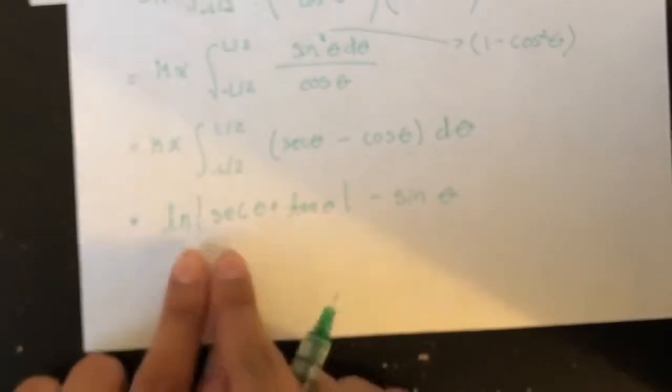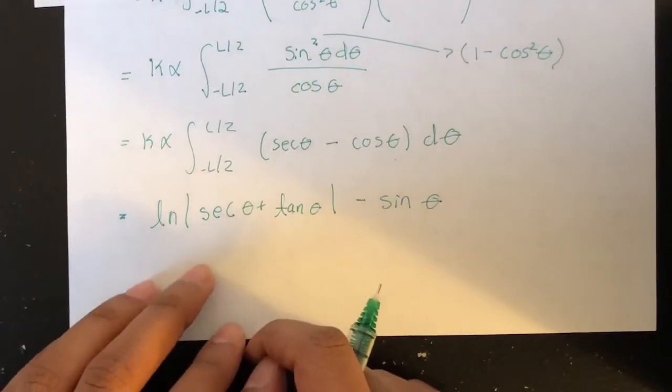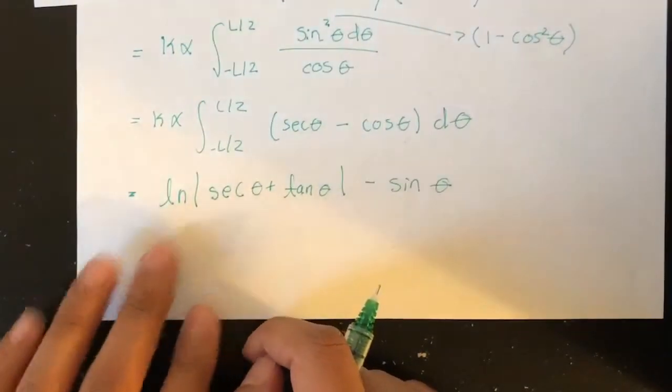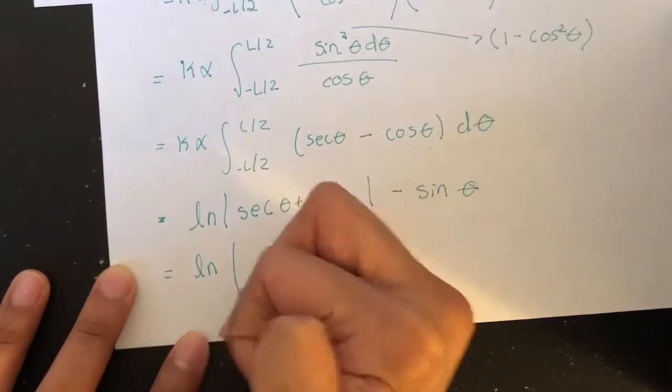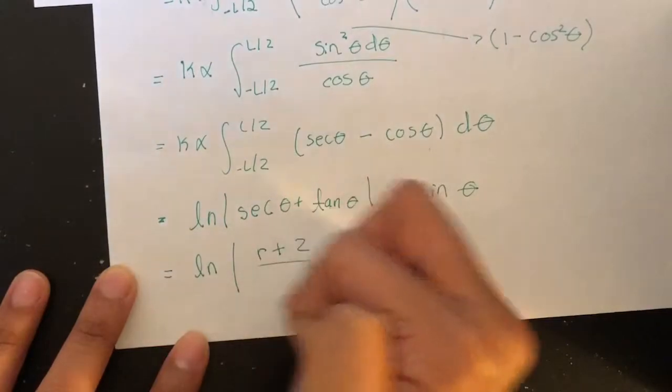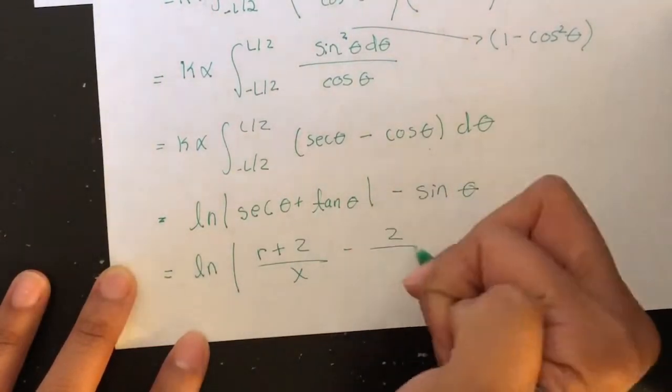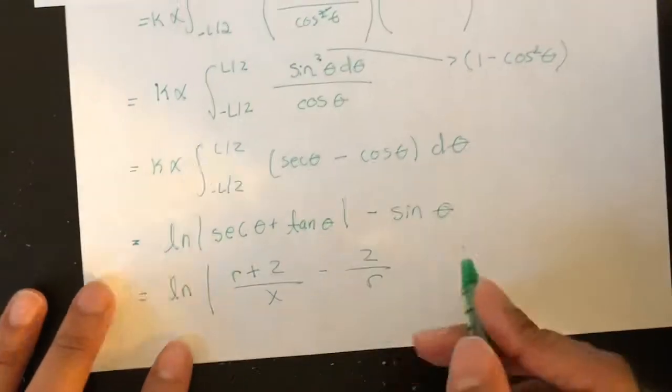So this has to be substituted using trig sub in terms of length, going from L over 2 to negative L over 2.